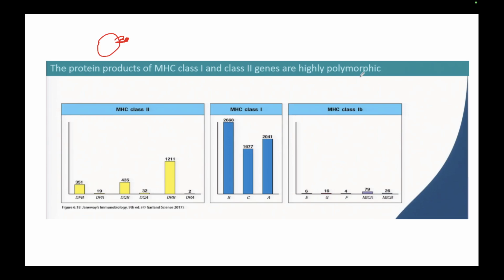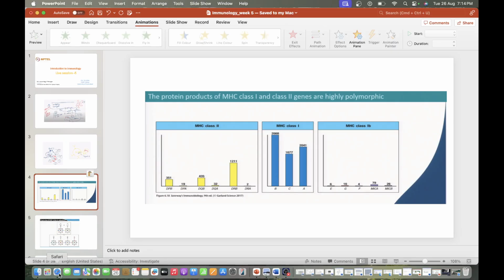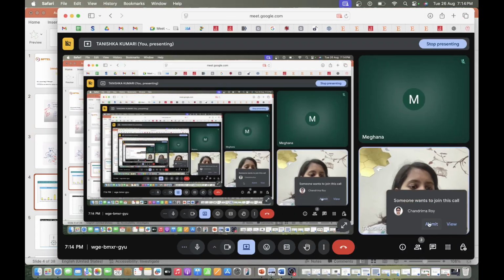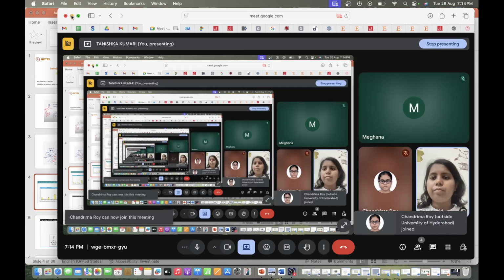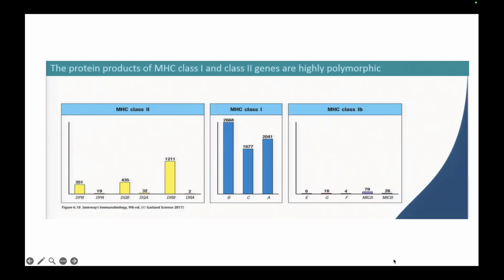As they have to present a variety of antigens, there should be polymorphism. So in order to present a variety of antigens, these MHC molecules have polymorphism in them.